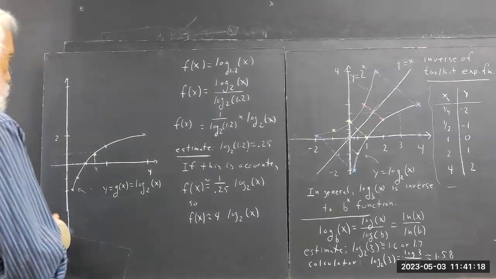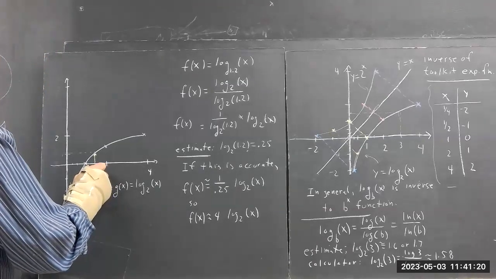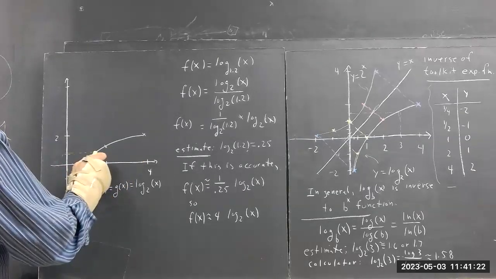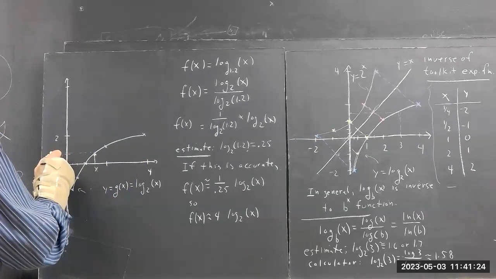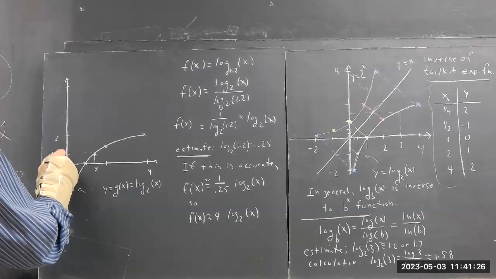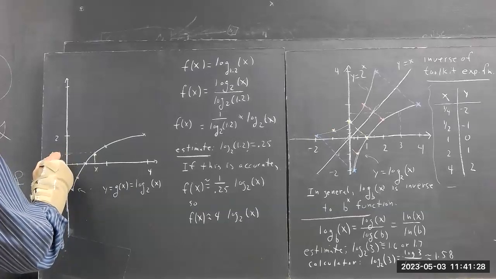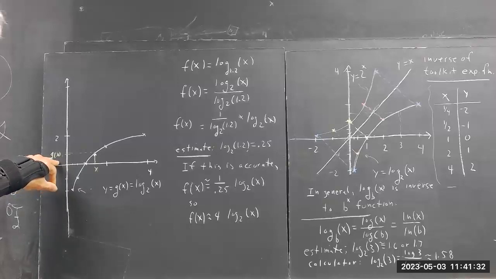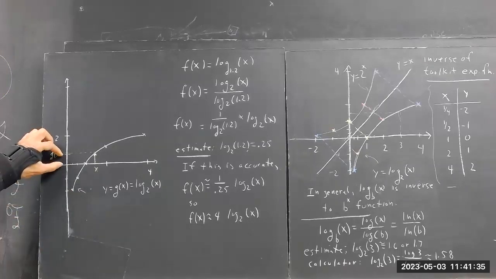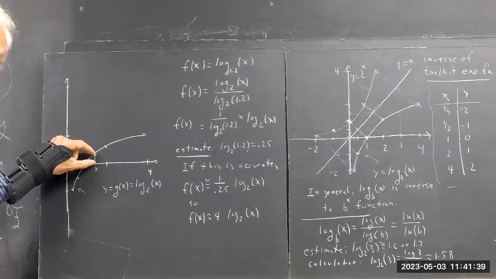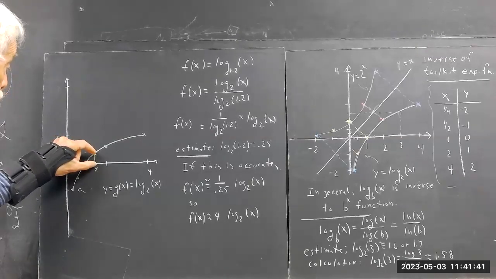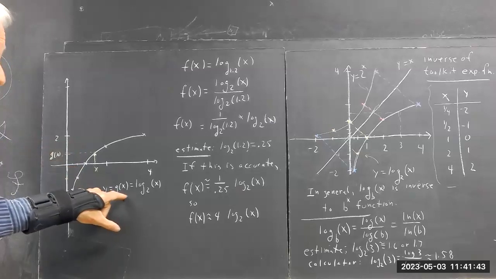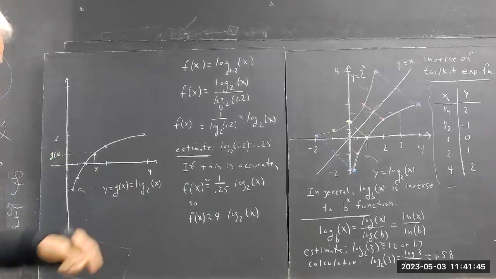Now, if this is any value of X, I can get the value of G of X here. Okay. So the value of G of X is this much. Well, so is the length of this arrow. So the length of this arrow is equal to the value of our log base 2 function, which is our G of X function.